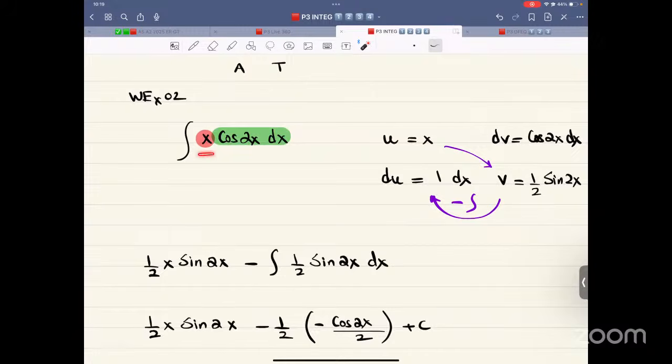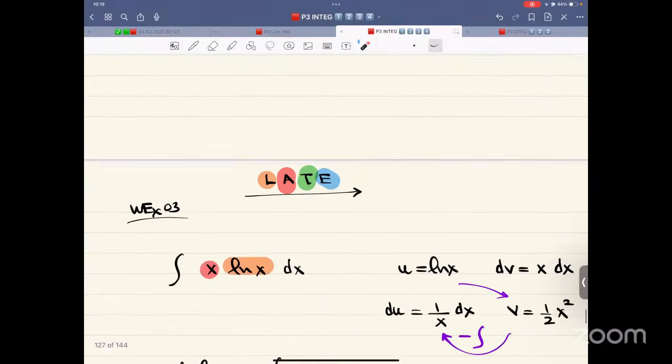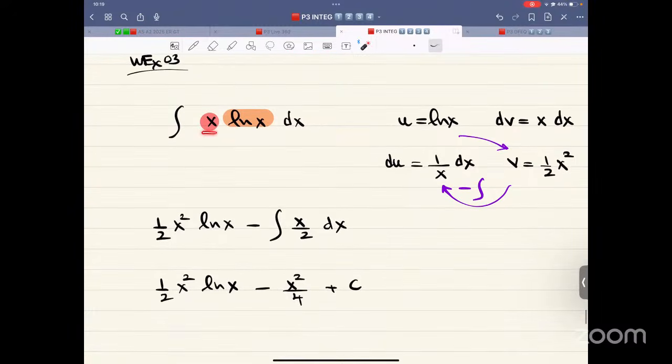If you have algebra and trig, u is still algebra. If you have algebra and log, now the tables are turned. So u is ln x, du is 1 over x dx, dv is x, v is half x square. So half x square into ln x, that goes over here. And 1 over x into half x square, that is x over 2.